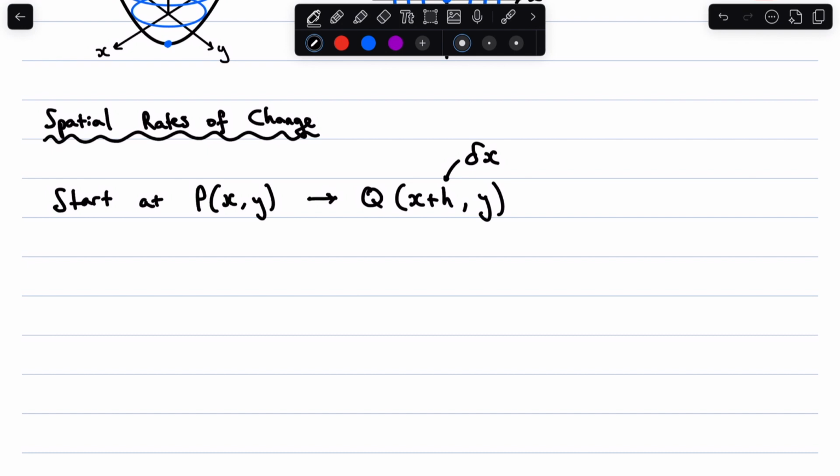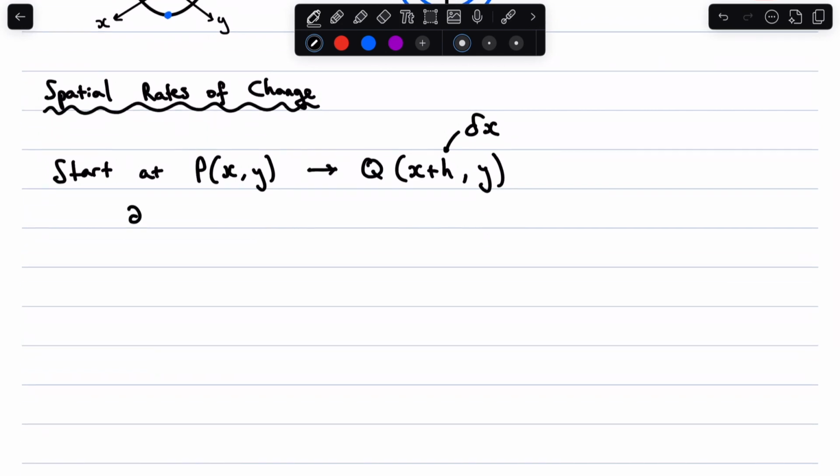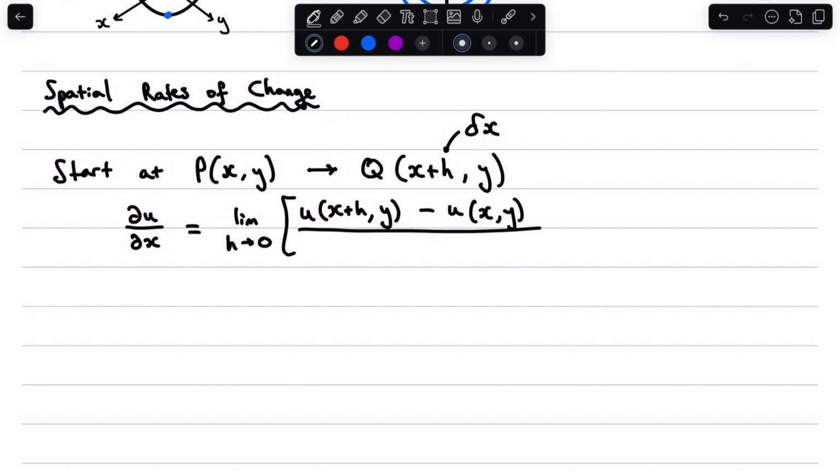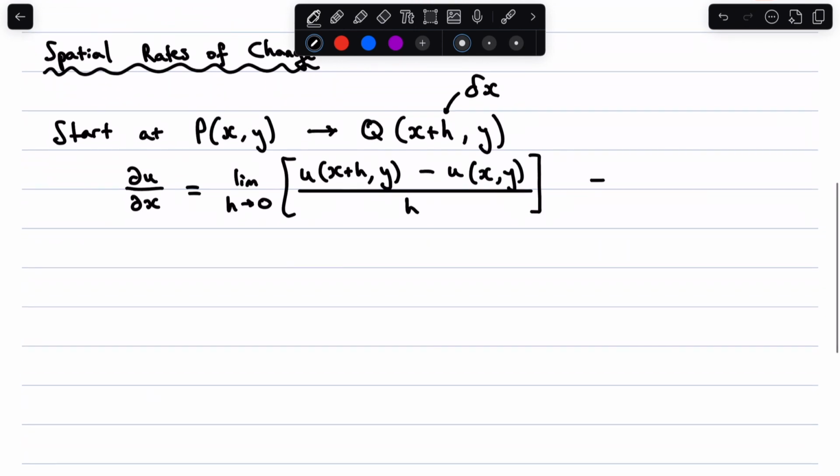Similarly to how we've defined a derivative before, we can say that du by dx, and this d is our partial d, which we'll get onto, equals the limit as h tends to 0 of our function u of x plus h, and we're keeping y constant, minus where we started at our point P, divided by the difference in our x coordinate, which is now going to be just h. And this is equal to the rate of change of u with respect to x.